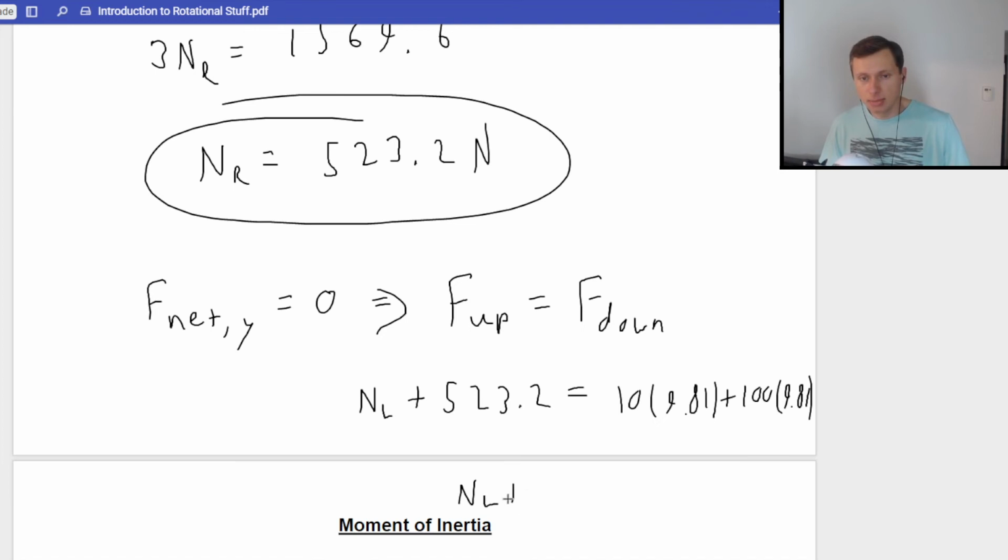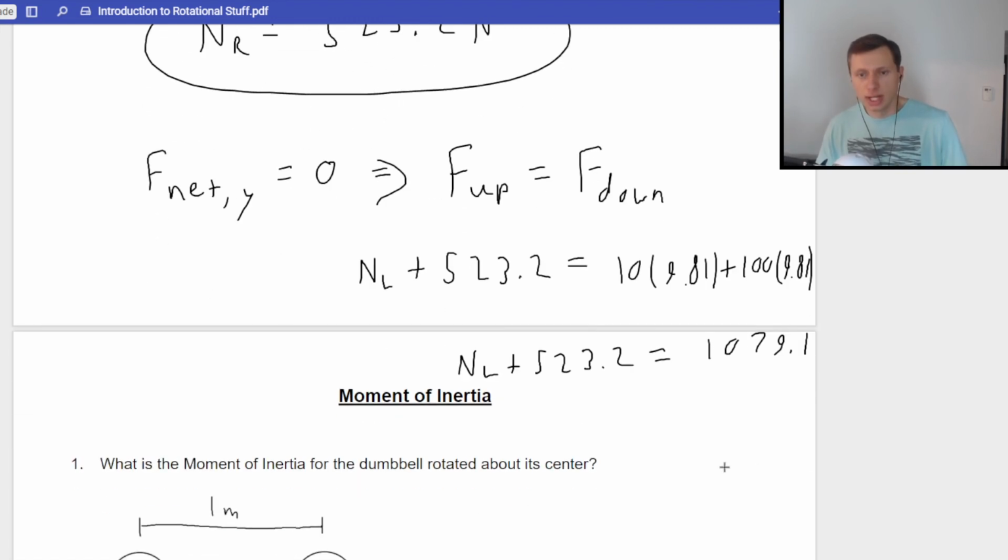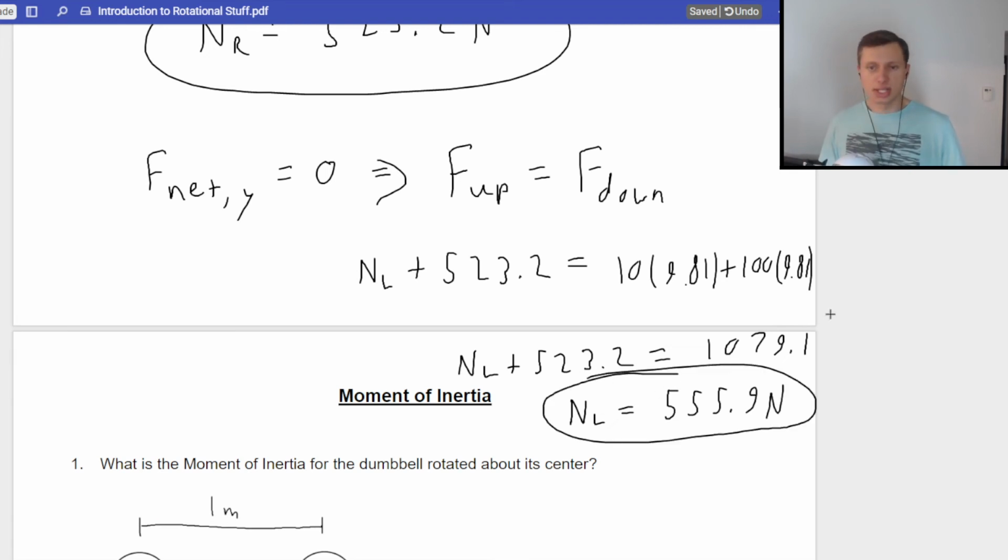So NL plus 523.2 on the right side, 1079.1. Subtract 523.2 from both sides, and we'll get a final answer of normal force on the left is 555.9 newtons. Okay, I'll give you a second to write that down.